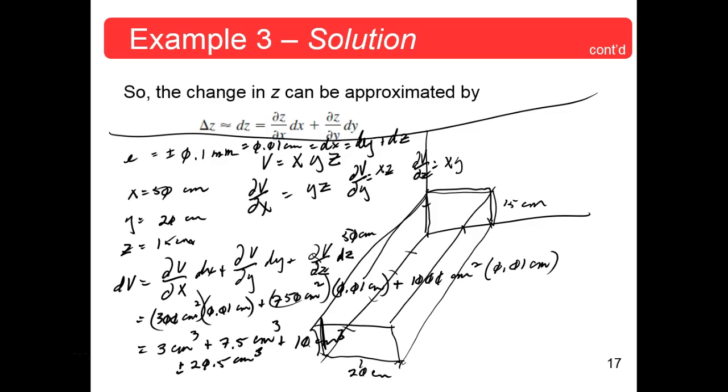Then it says use that dV to estimate the propagated error and the relative error in the calculated volume. Now the propagated error, they don't even mention. Do they? You probably want to go all the way back to chapter 9. But in their working out further down the page, they don't even mention it.